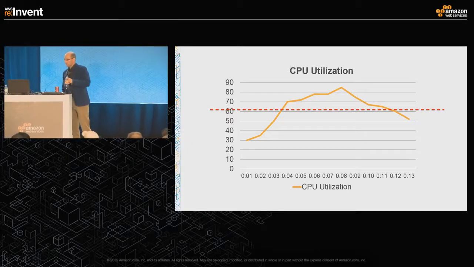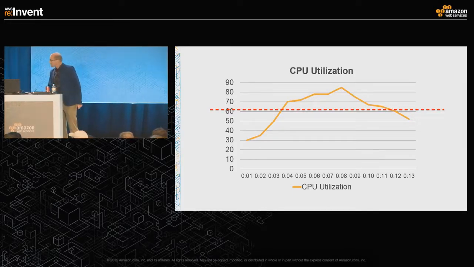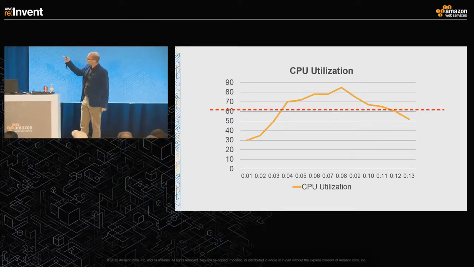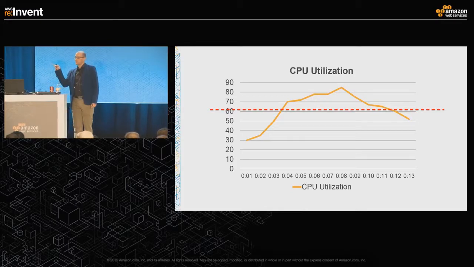Now let's look at a quick example to see how that behaves over time. I'm just covering CPU utilization. And I want to scale up whenever I'm at like 62% or something like that. So CloudWatch will keep monitoring CPU utilization across my whole fleet.